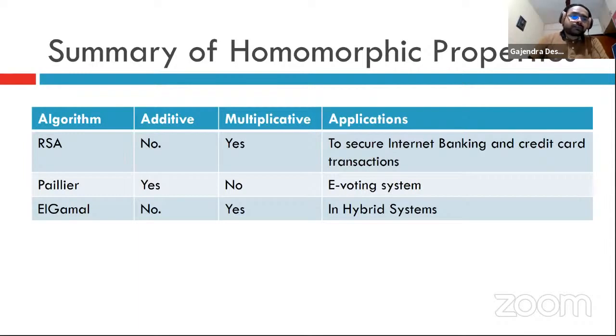So when these cryptographic algorithms have only one or a few properties, it is known as partial homomorphic encryption. But there are some cryptographic algorithms, some crypto systems such as Gentry's crypto system, which can perform arbitrary computations on the ciphertext. So they are known as FHEs, that is fully homomorphic encryption techniques.